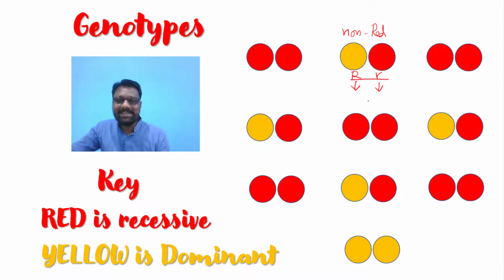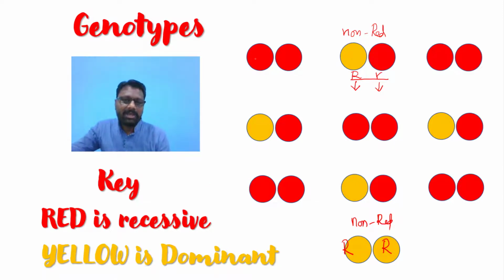The second category of allele combination in non-red hair is big R and big R. This is a homozygous condition where both alleles are big R, which also results in the phenotype of non-red hair individuals.